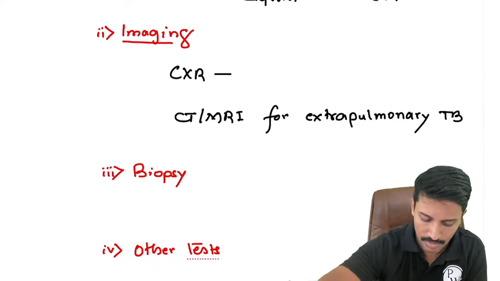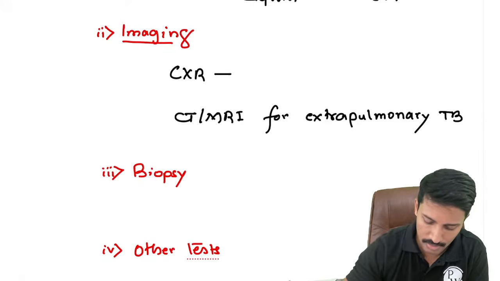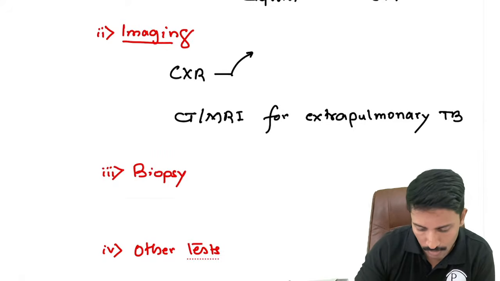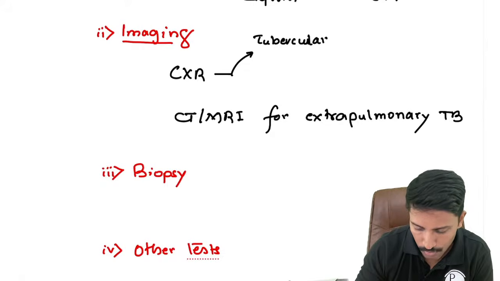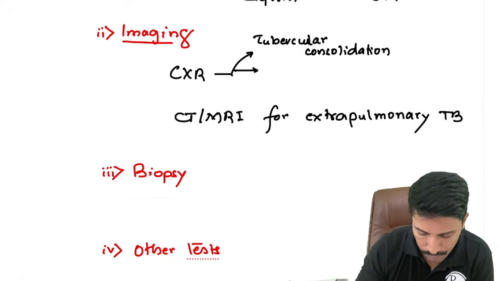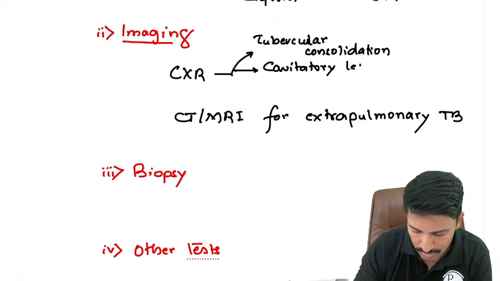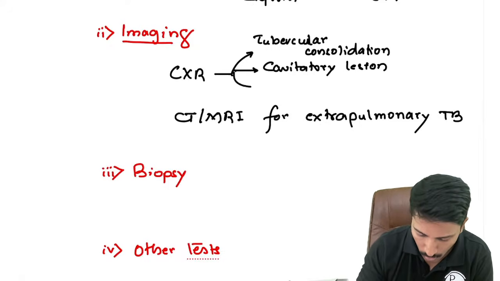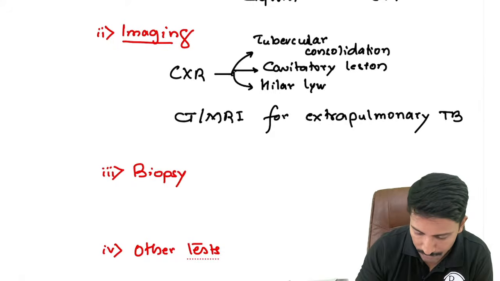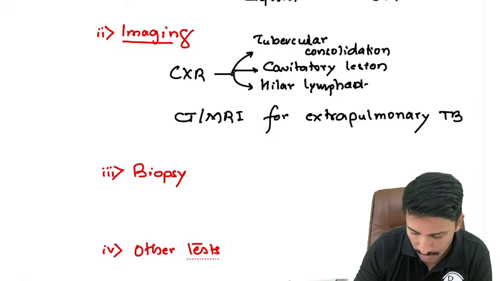So on the chest X-ray, in the right upper lobe, I may be seeing tubercular consolidation or opacification, or I may be seeing cavitatory lesions because TB causes cavitation, and in addition to that, I will see hilar lymphadenopathy, lymph nodes being enlarged.